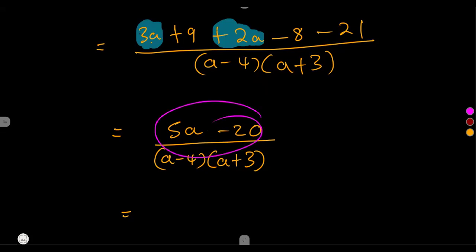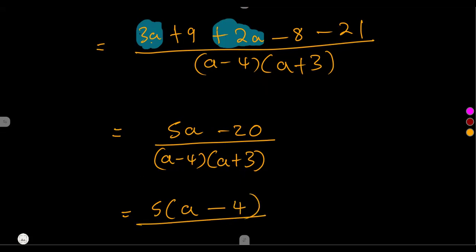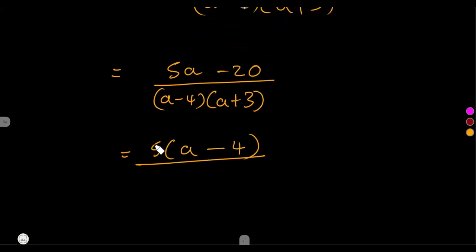Can we factorize? 5 is common from that, so you can factor out 5. 5a divided by 5, that's a, minus 20 divided by 5, that's 4. So the numerator is going to be 5 into a minus 4. The denominator, as it is, a minus 4, a plus 3.